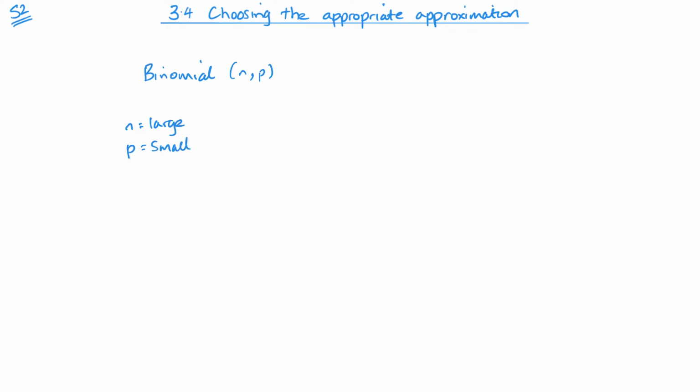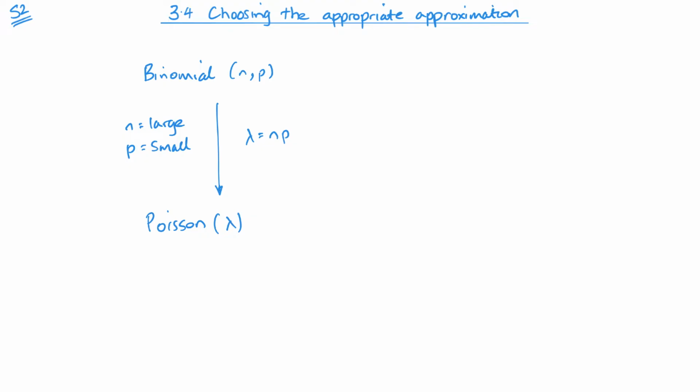So as long as n is large and p is small, we can approximate binomial with Poisson. And remember that Poisson is lambda, and lambda is simply np.